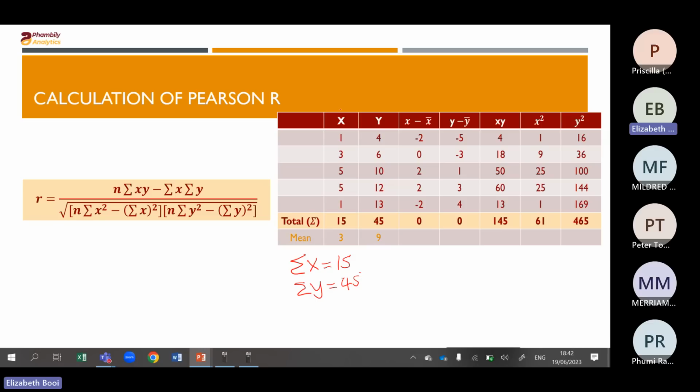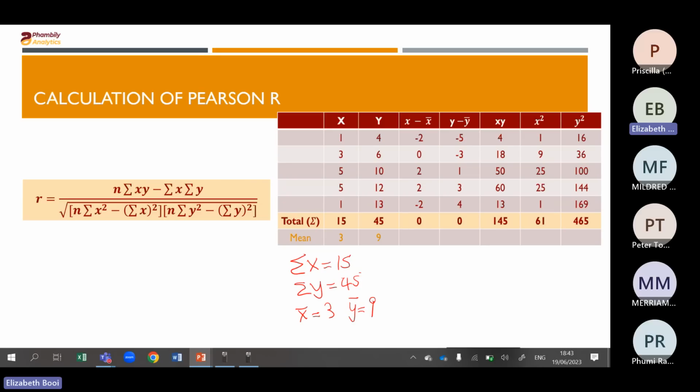From the summations, we can calculate x bar, which is the mean. The mean of x is 3. The mean of y is 9. See? Easy. To calculate x minus x bar, which is not part of this, I'm going to skip them. But this is just saying your x value, 1 minus 3, is minus 2.